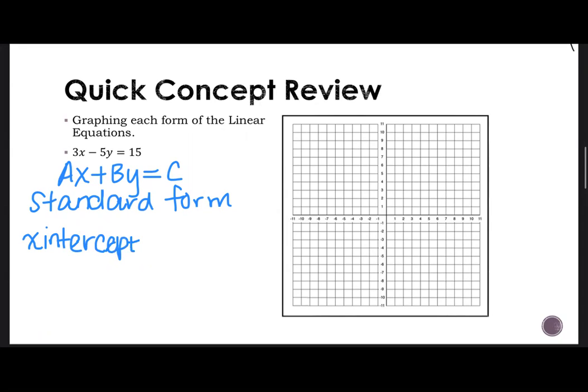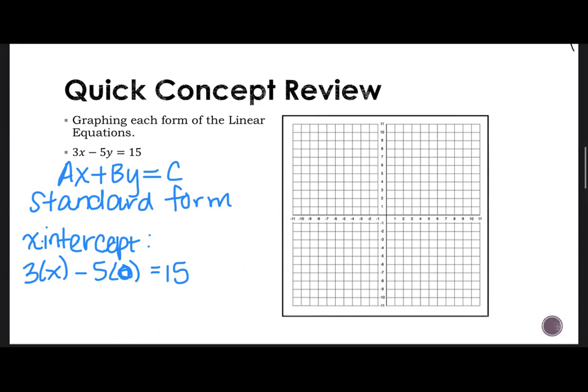we are going to replace y with 0. So we're going to have 3x minus 5 times 0 is equal to 15. Anytime I sub in numbers, I put parentheses around the number to remind me that we are replacing that variable with a number.